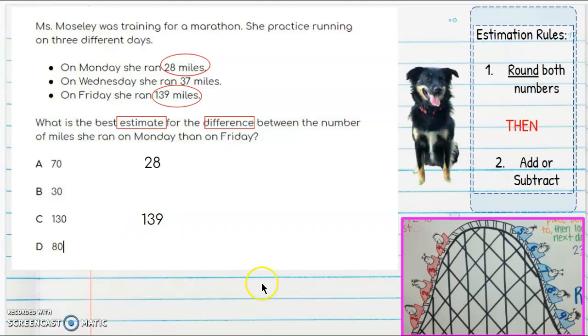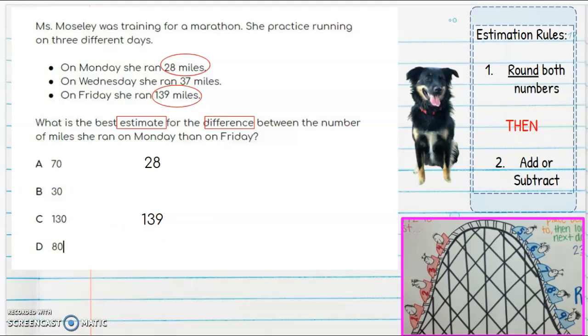When you are rounding, you have to make sure that you round all of the numbers to the same place. We can't round 28 to the nearest 10 and round 139 to the nearest 100. You cannot do that. So since 28 does not have a hundreds place, both of these numbers need to be rounded to the nearest 10.